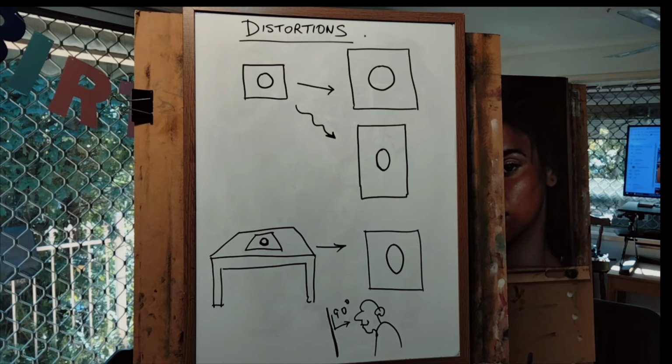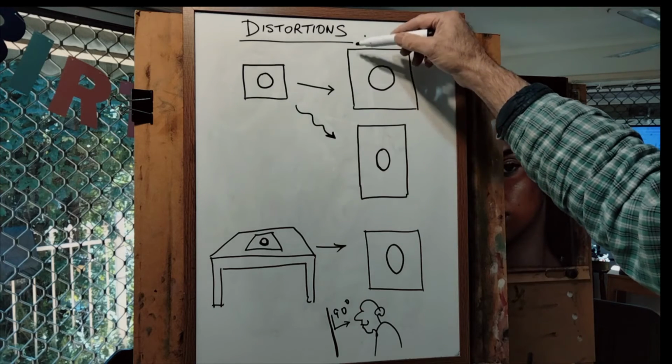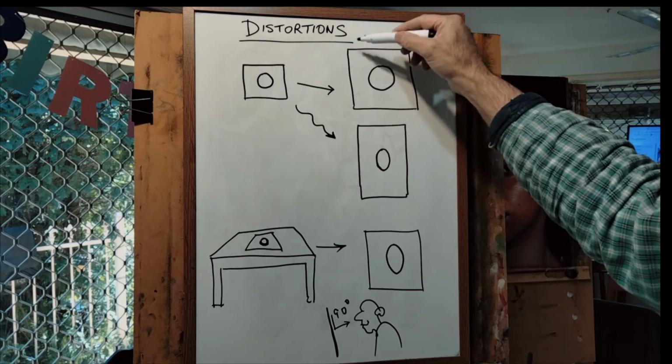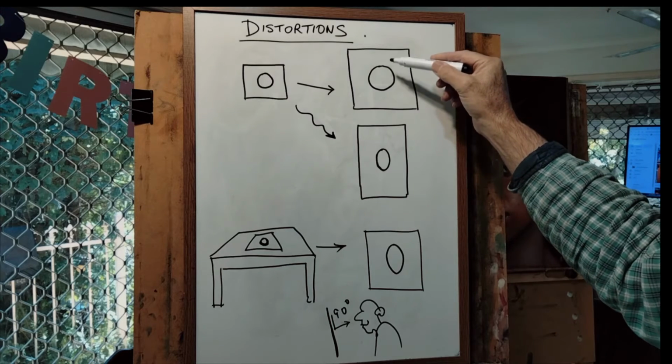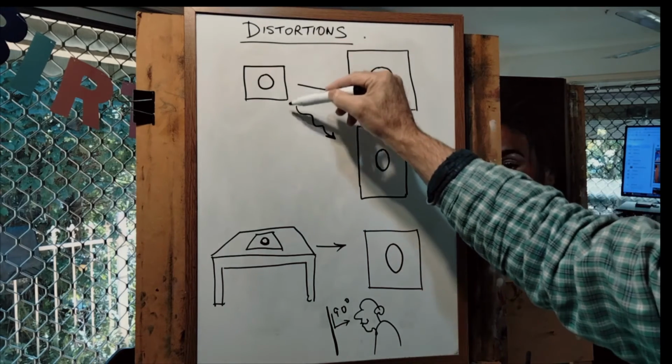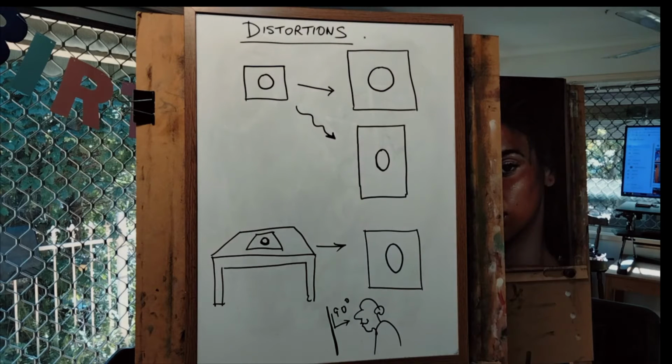The other way to get distortion is if the surface that you're going to draw on is not the same ratio, is not the same shape as the source image, then you also have a tendency for distortion to creep in.